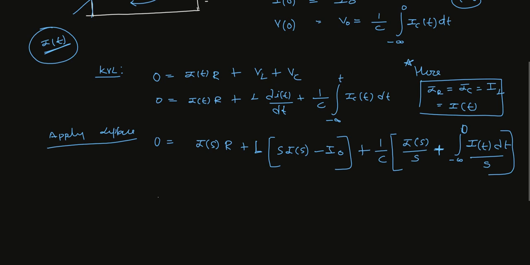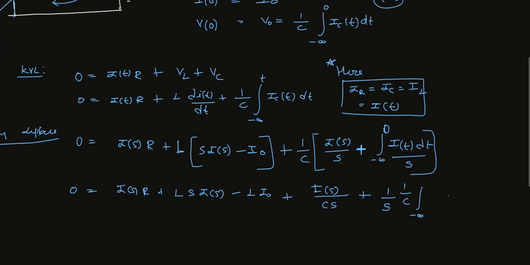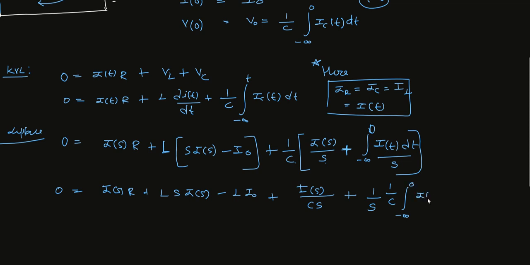Let us rewrite this: I of s into R plus L s into I of s minus L into I naught, plus I of s divided by Cs, plus 1 by s taken as common, times 1 by C integral from minus infinity to 0 of I of t dt.